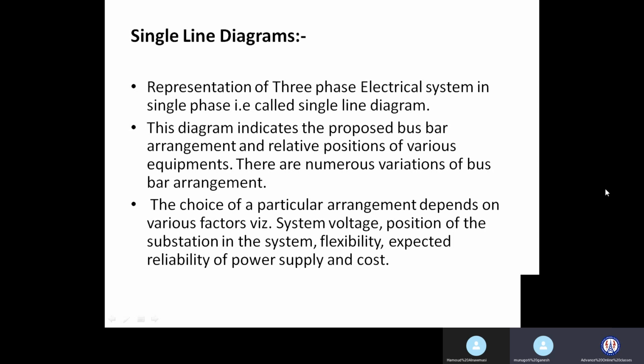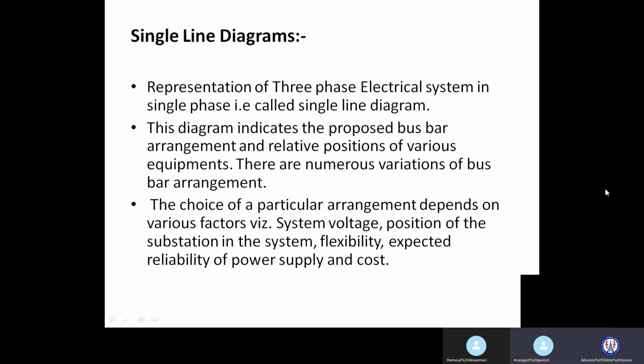Then next you have a 132 kV system, fault current 31.5 kA, duration time 1 second. Again 132 kV system, fault current 40 kA, duration time 1 second. Again 220 kV system, fault current 50 kA, duration time 1 second.